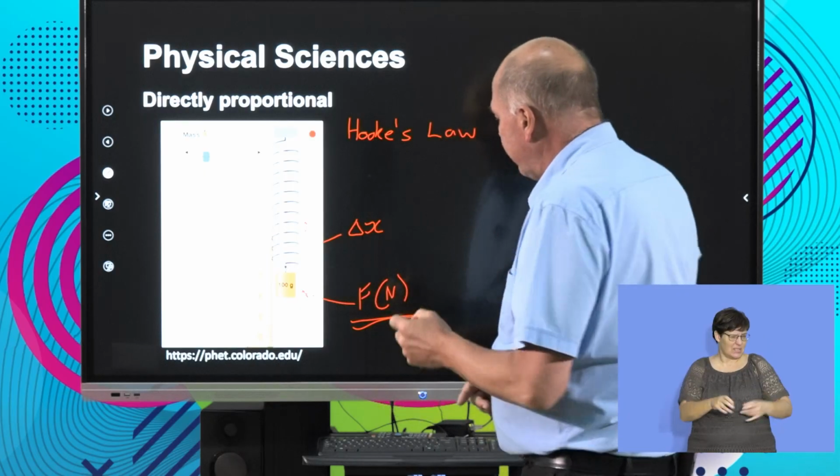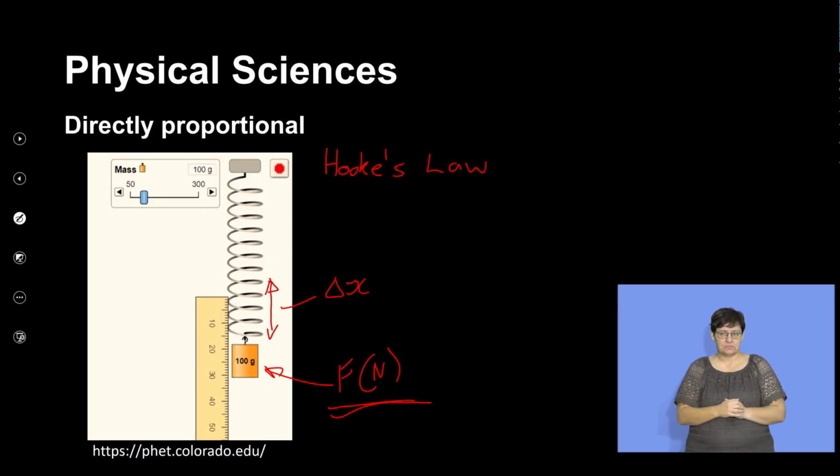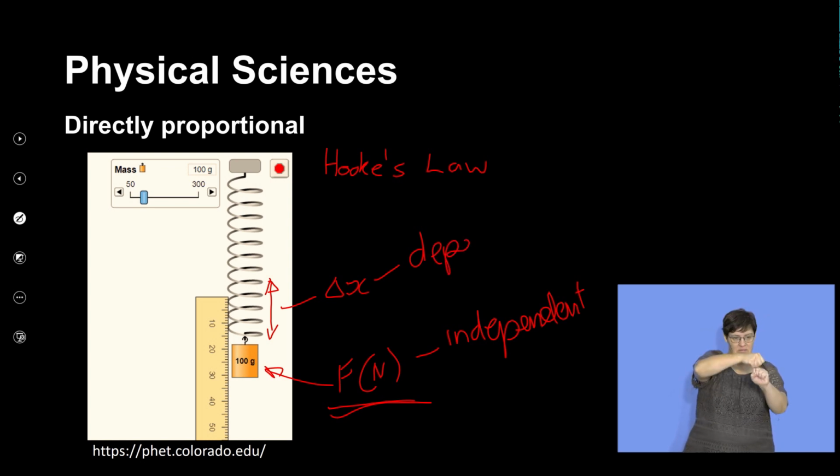Have a look at it carefully. The force was applied and it caused the spring to stretch. So that tells me that the force is actually the independent variable. And the stretch is going to be the dependent variable.